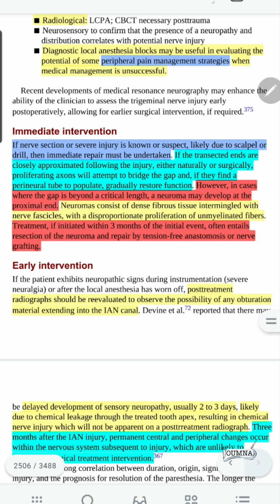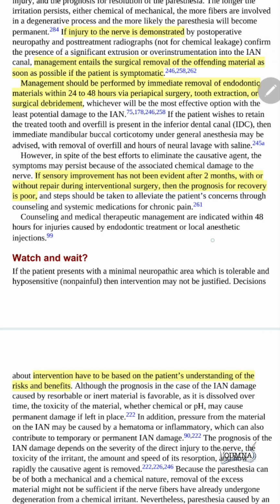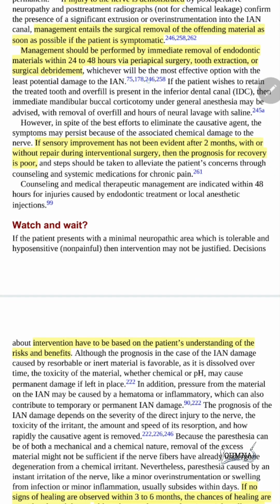If the cause was a cut in the nerve, a surgical bridging of the gap is important, and it must be as fast as possible. If injury to the nerve is ensured, we must initiate the surgical removal of the offending material within 24 to 48 hours via a periapical surgery, a tooth extraction, or surgical debridement.